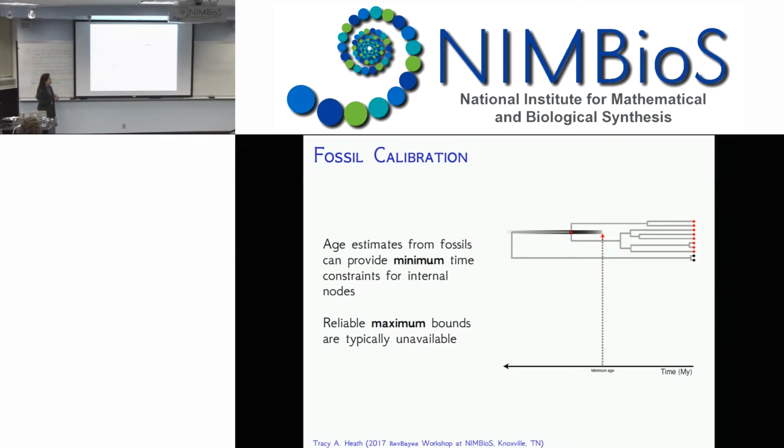This is saying there's 0 probability that this node can be younger than this descendant fossil, but then we have to determine what is the prior probability of this node in relation to this fossil.